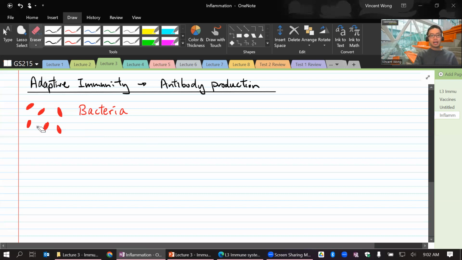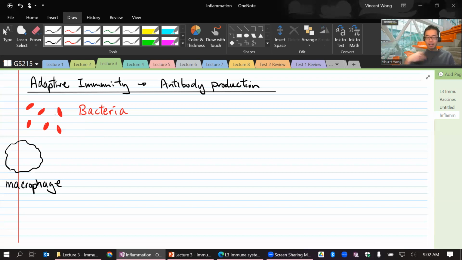And also, you're going to have the phagocytes, right? So here I'm going to draw a macrophage. On these bacteria, there are going to be various types of bacterial antigens that we don't have.